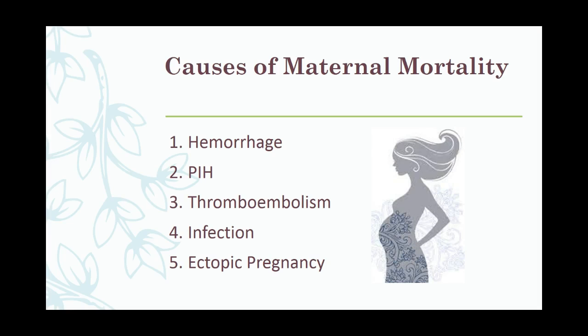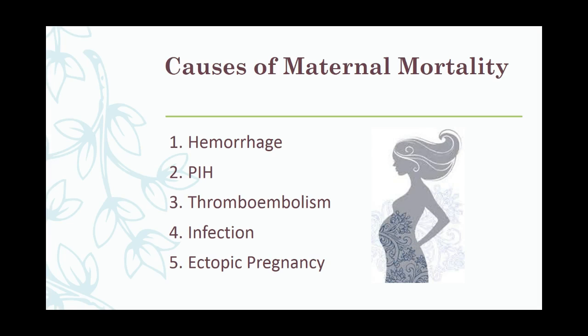And so with that in mind, we have to be aware of the different causes of maternal mortality, and you see them listed here. Hemorrhage is huge. Pregnancy-induced hypertension, thromboembolism, infections, and ectopic pregnancy.